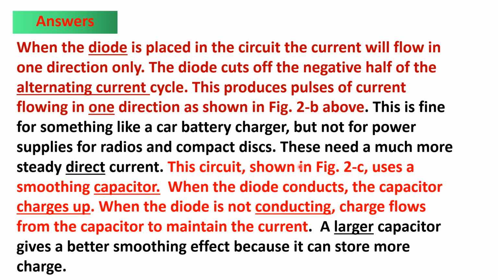This circuit shown in figure 2c uses a smoothing capacitor. When the diode conducts, the capacitor charges up. When the diode is not conducting, charge flows from the capacitor to maintain the current. A larger capacitor gives a better smoothing effect because it can store more charge.